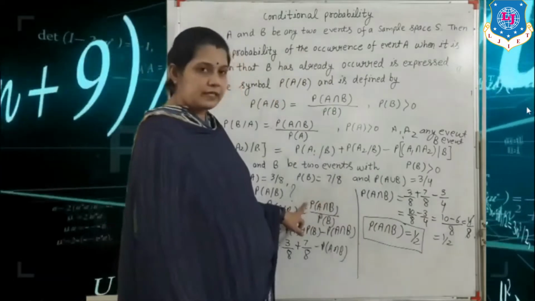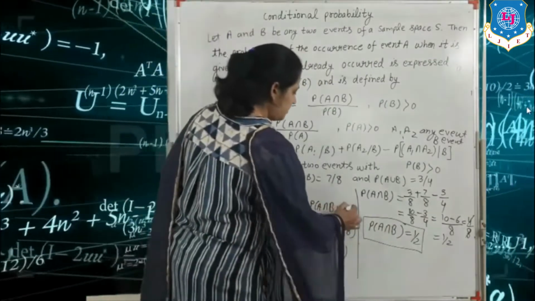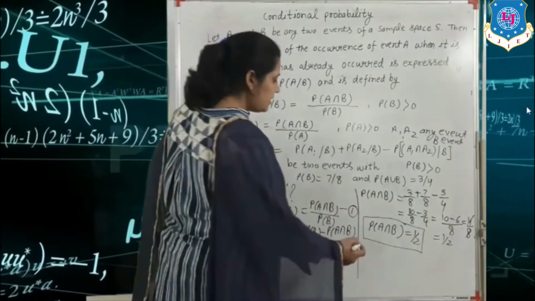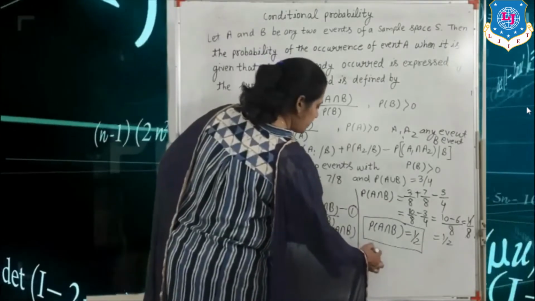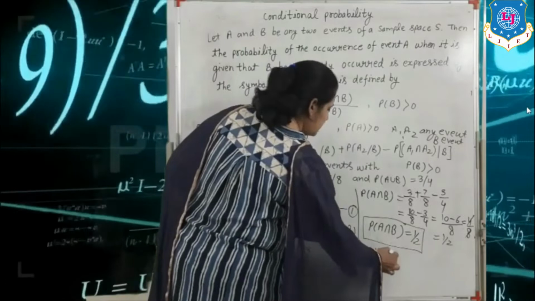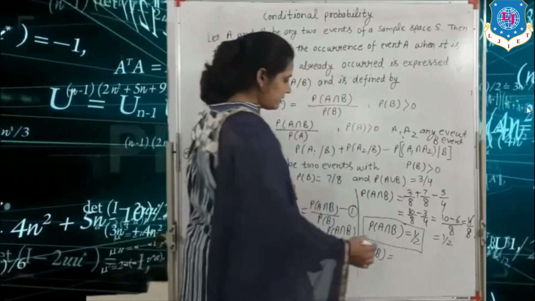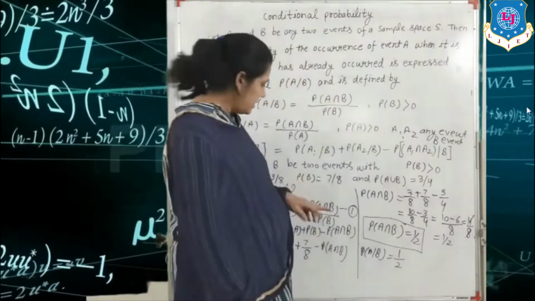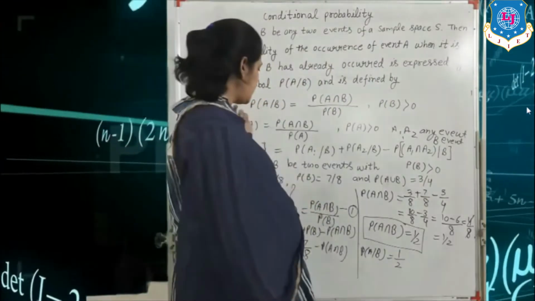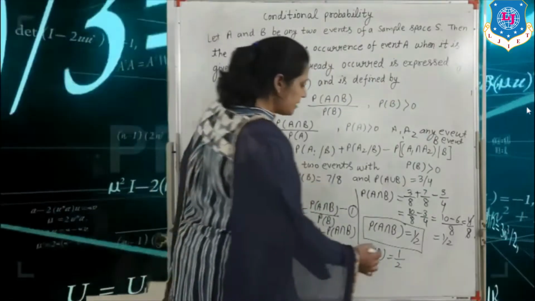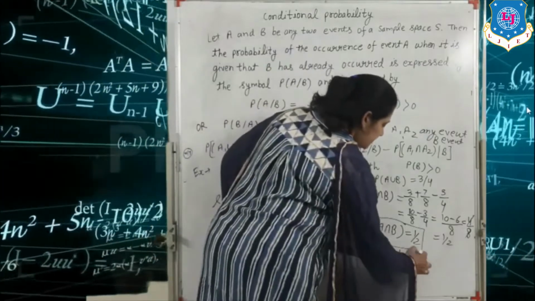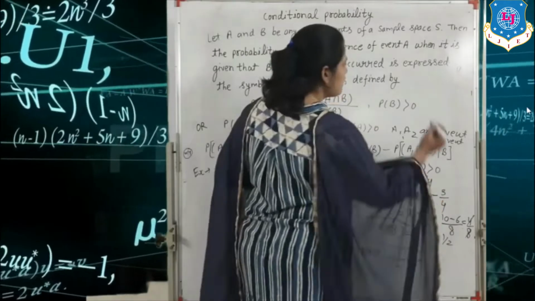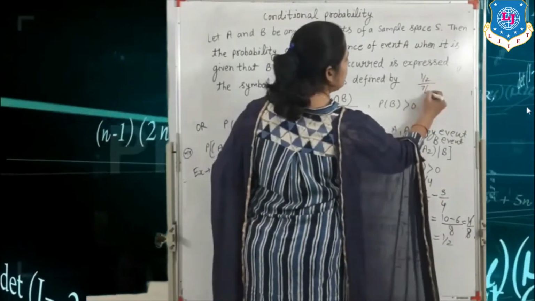We put this in the formula, equation number 1. So probability of A given B is equal to P of A intersection B, that means 1 by 2, divided by P of B, which is 7 by 8.